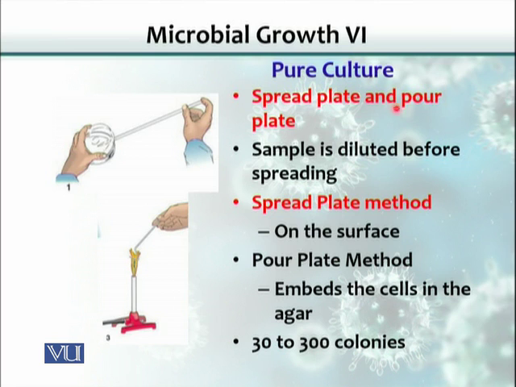So if we cool nutrient agar medium to about 50 degrees, that we can handle with our bare hands, bacteria do not really die, and that method could also be used along with the dilution. So the first requirement is that we have to dilute the organism, and then either we can spread onto the plate or we can use a pour plate method.